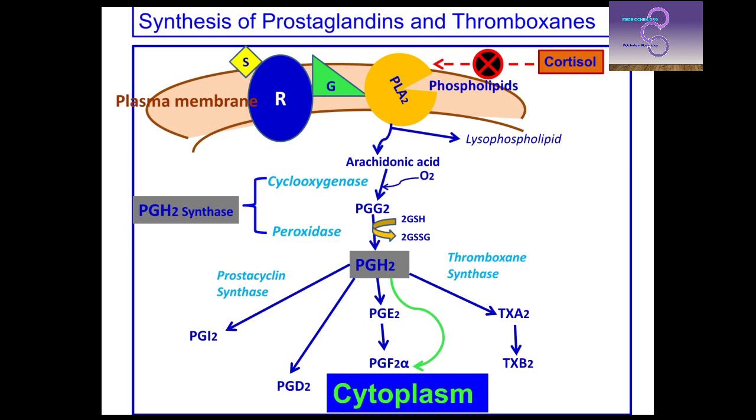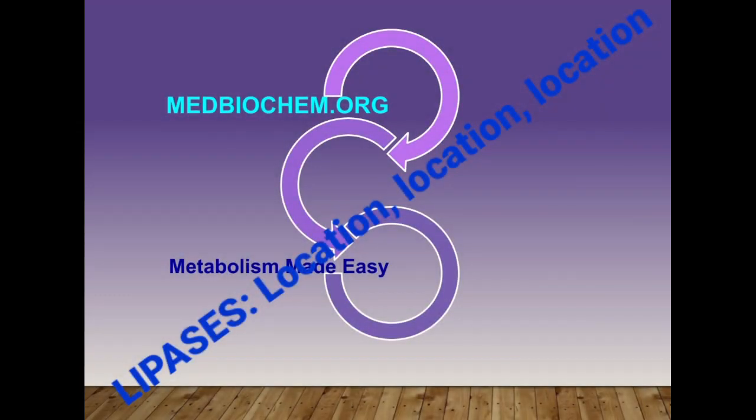By activating phospholipase A2, arachidonic acid is released into the cytoplasm of cells, and the released arachidonic acid is the precursor for the synthesis of various inflammatory molecules, the eicosanoids, including prostaglandins, thromboxanes, and leukotrienes.